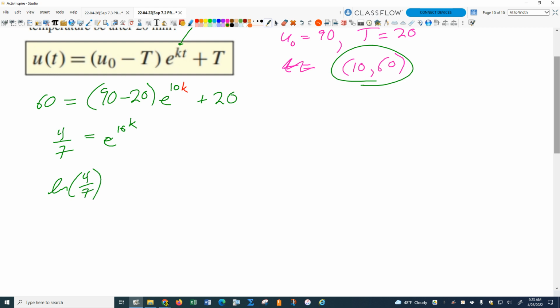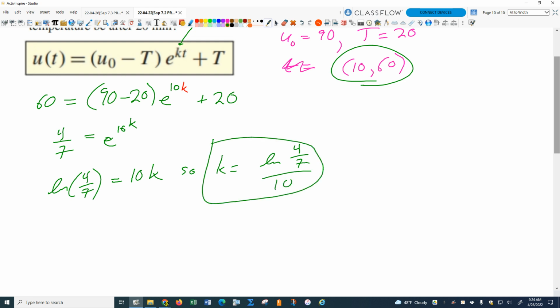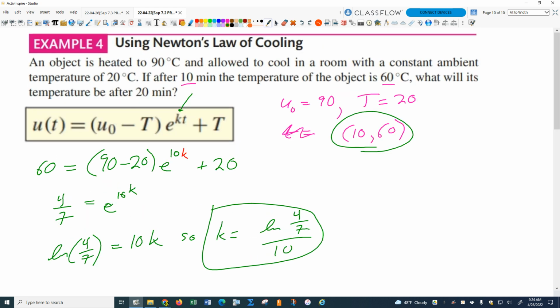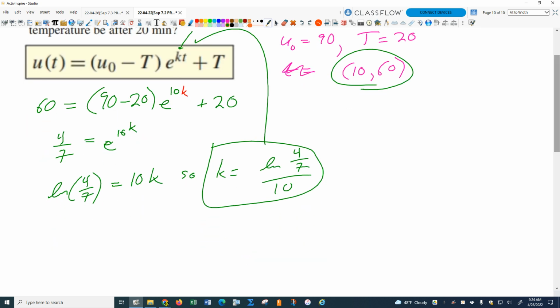Log 4/7 equals 10K. So K equals log 4/7 divided by 10. Now all I've got to do is plug that back into my differential equation right there, along with my other constants, and we have our solution.